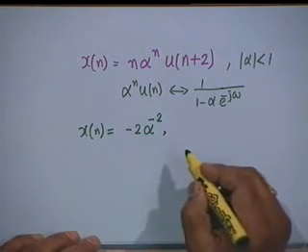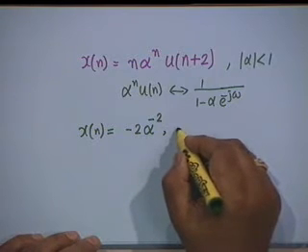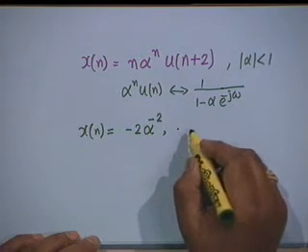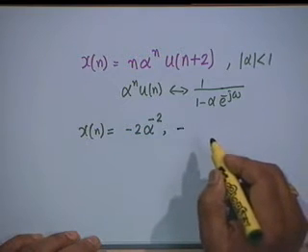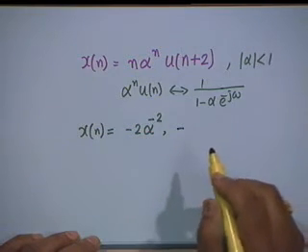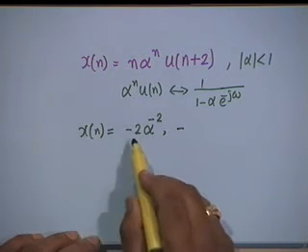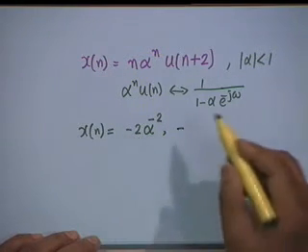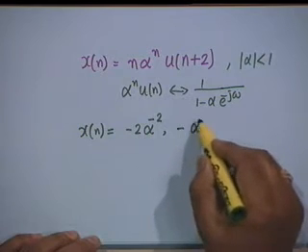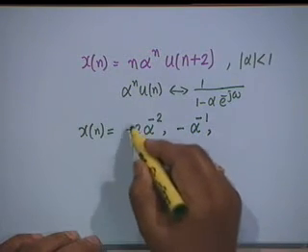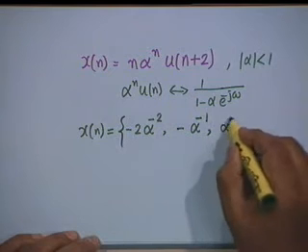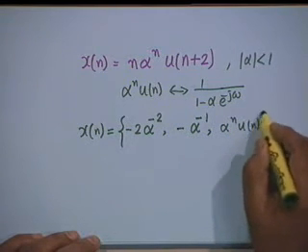Then the next sample would be minus alpha to the minus 1. Why did I take this minus sign here? Because n equal to minus 2, similarly n equal to minus 1, so alpha to the minus 1, and the rest of the sequence is alpha to the n u of n.